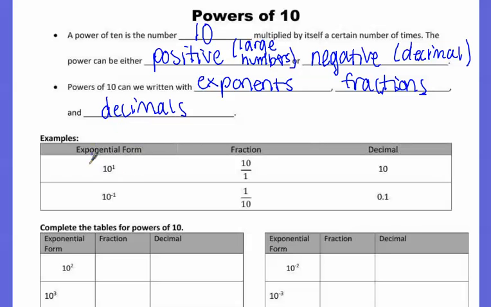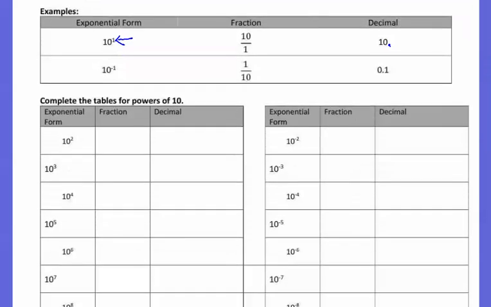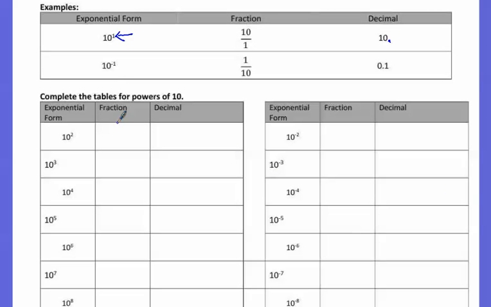This is exponential form. The exponent tells you how many zeros you will have. This is fractions form and decimal form. Remember, a whole number has a decimal at the end. Here's some examples. 10 squared in fraction form is 100 over 1.